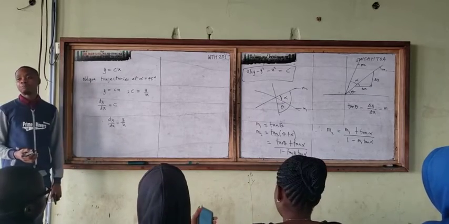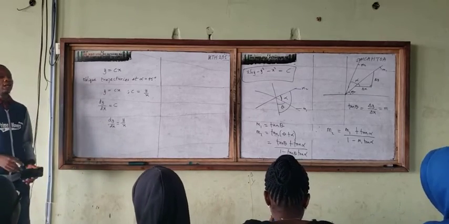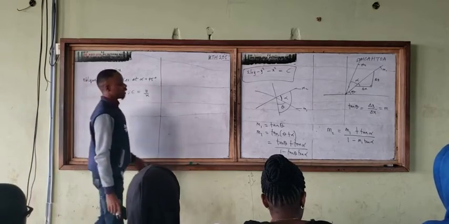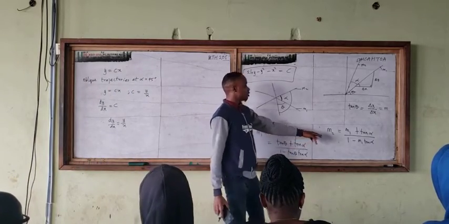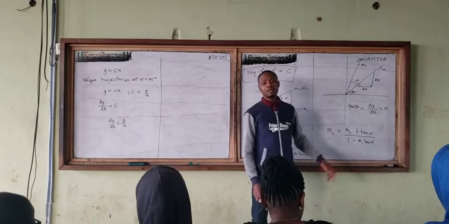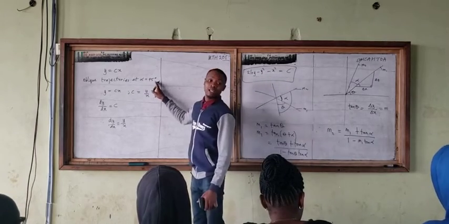So what's the next thing to do now? Get the gradient of the oblique trajectories. We're going to use this formula. In this case, we know that our alpha is 45 degrees.